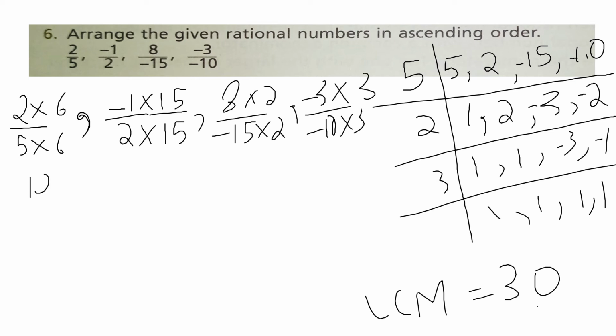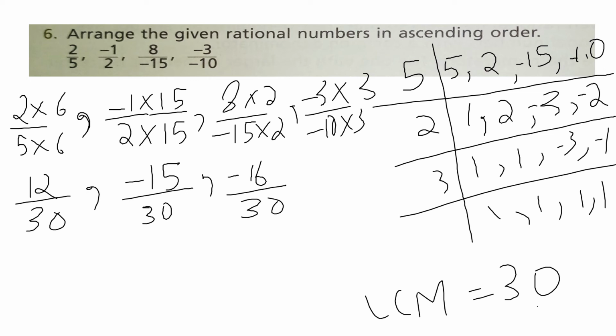Now 12 by 30, minus 15 by 30, minus 16 by 30. This negative sign I will write with the numerator because you're writing also in standard form. Now this minus minus will be positive. So 9 by 30. Now these are the rational numbers with the same denominator.